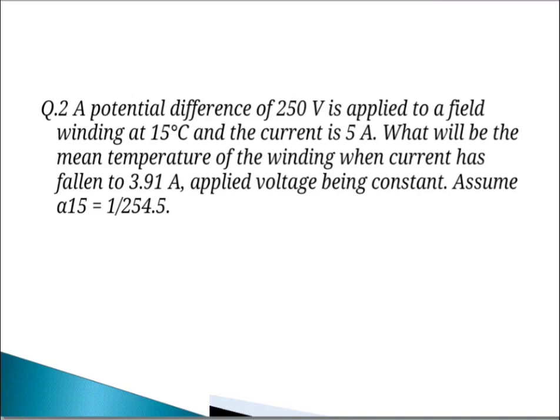What will be the mean temperature of the winding when the current has fallen to 3.91 ampere, the applied voltage being constant, assuming that alpha 15, the temperature coefficient at 15 degree Celsius, is 1 upon 254.5? First write down all the given quantities in the problem, then find the solution.